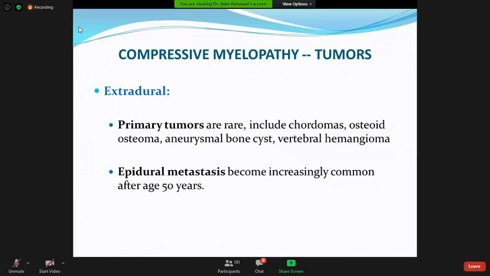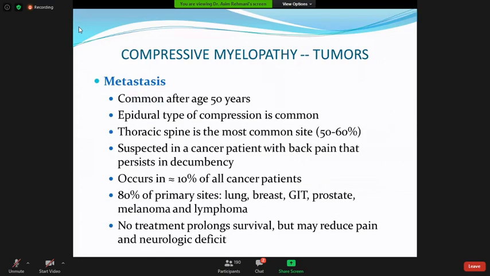We have already discussed that in the extradural category, primary tumors are rare. Usually, the extradural tumors are metastases. In this category, the dorsal or thoracic spine is the most common site, specifically in a known patient of a malignancy with chronic back pain.